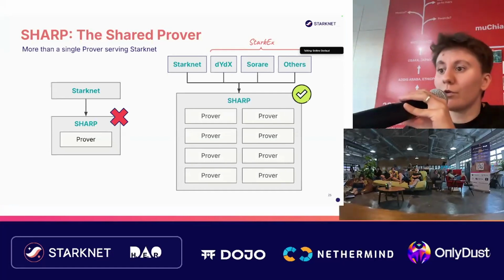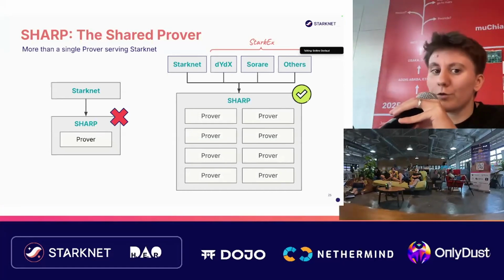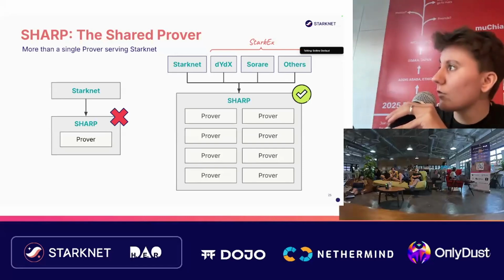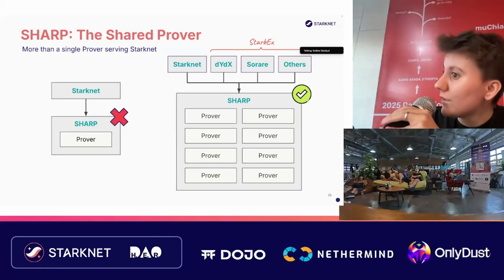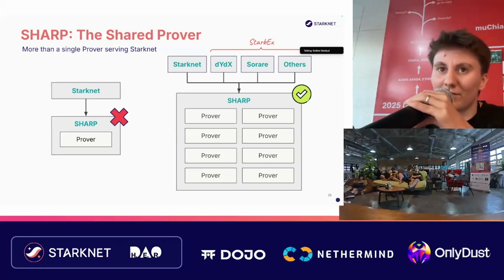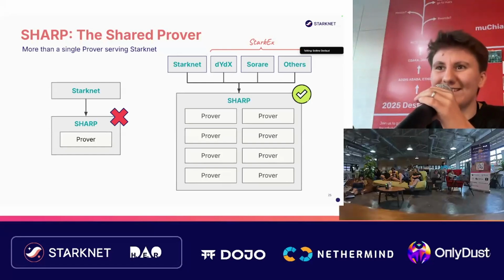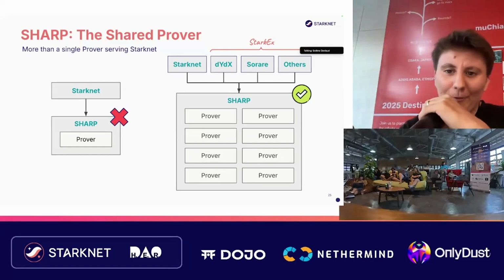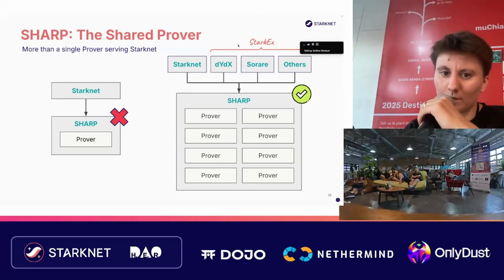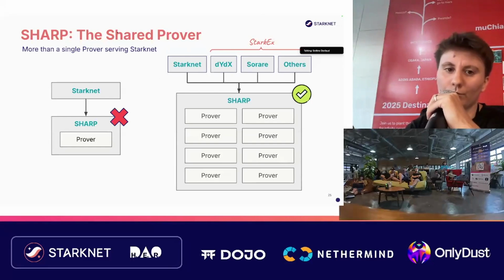Inside this prover, we have a lot of modules in parallel that run independently, proving a lot of validity proofs.